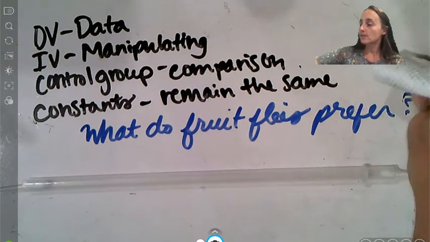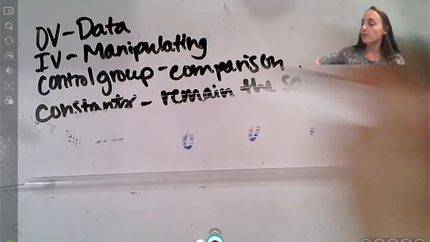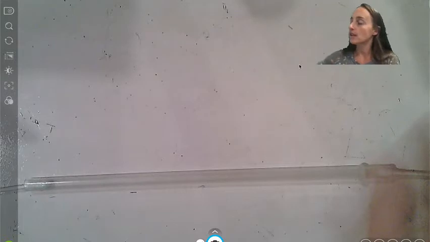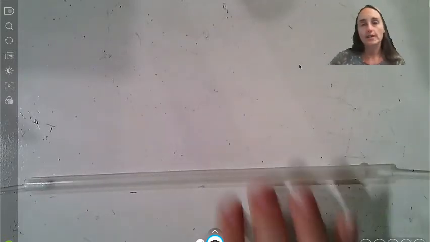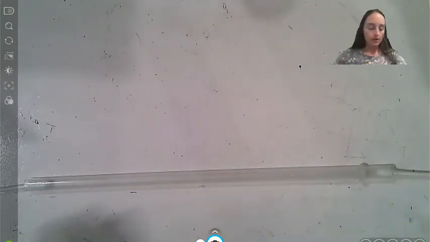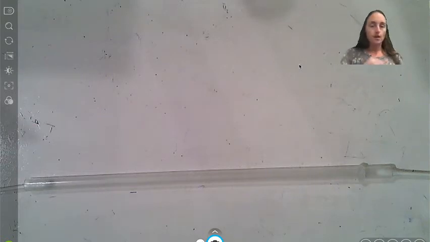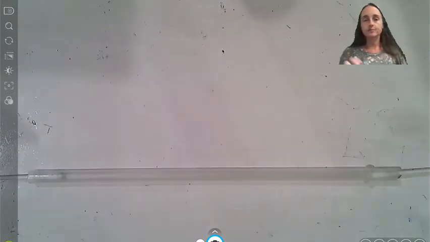All right, so then we have to decide what do fruit flies prefer? Or we actually have to decide if our data are going to support our hypothesis that the vanilla syrup is attractive to the fruit flies. All right, so what we're going to do is set up a series of experiments.